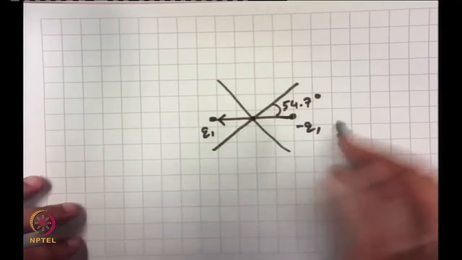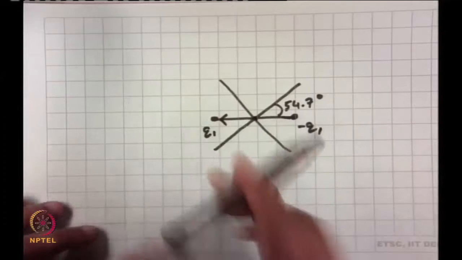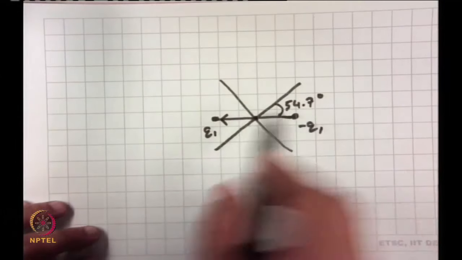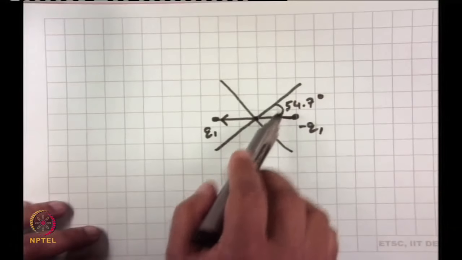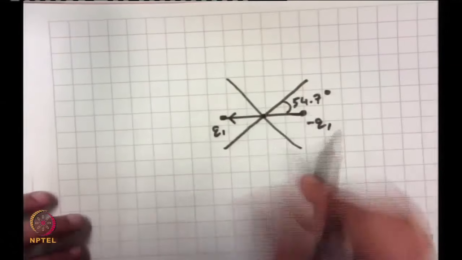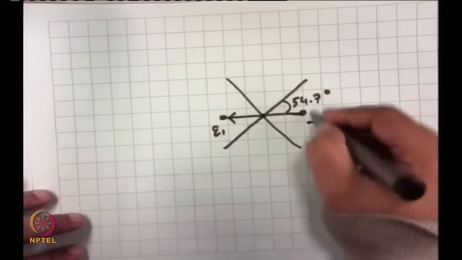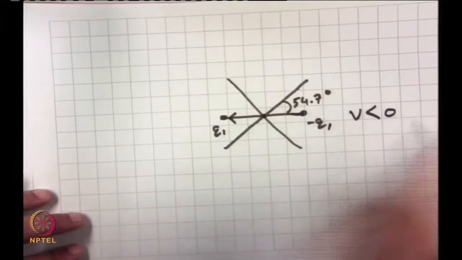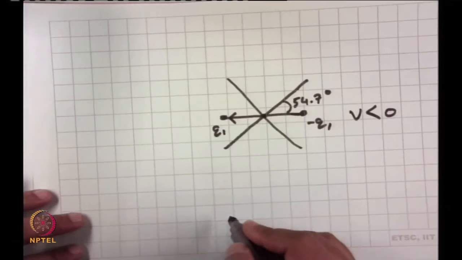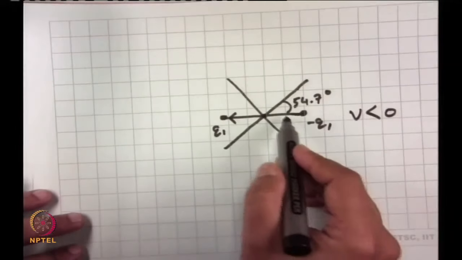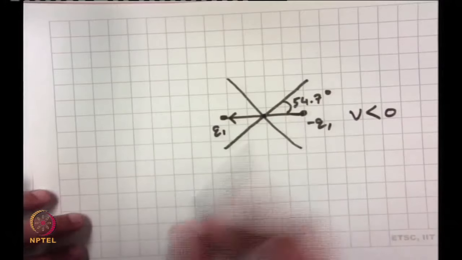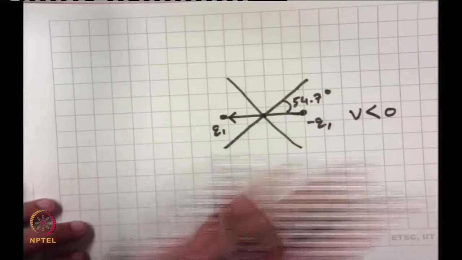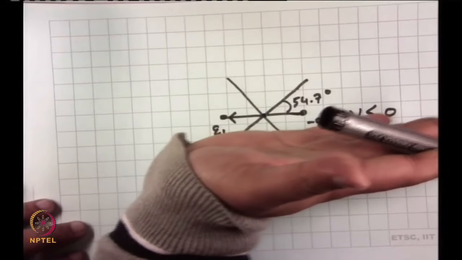So, you can understand one thing, if theta is less than 54.7, that means in this region from here to here, your V actually is less than 0. Why? Because 54.7 is where interaction is 0. When you start from here, your interaction was attractive.